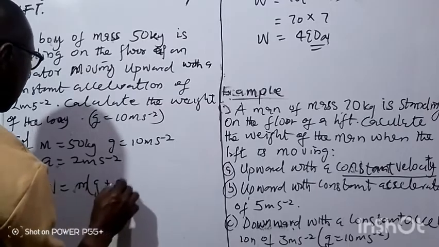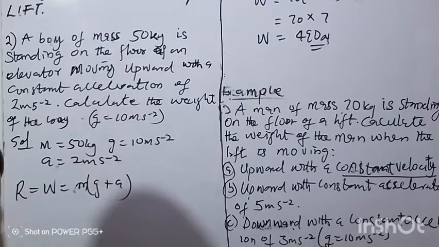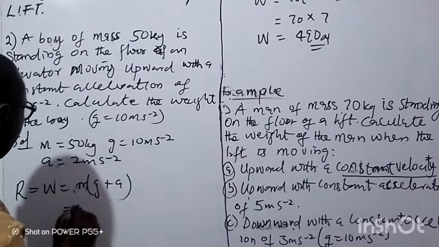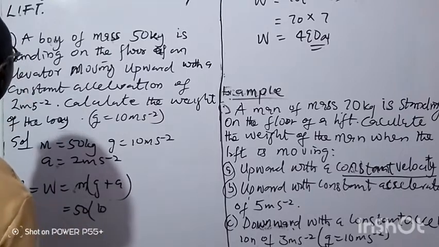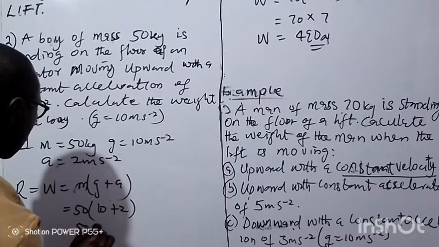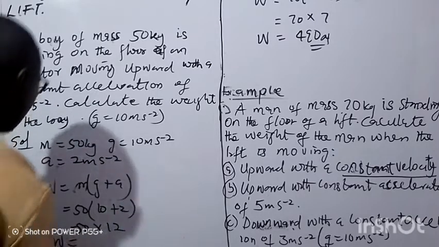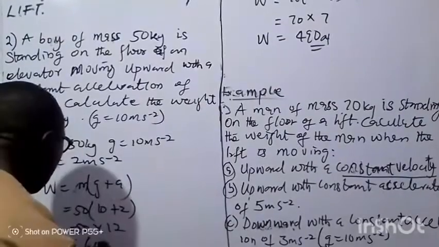That is our normal formula when it is moving upward. So m is given, that is 50 into 10, a is 2, that is plus 2. Then it will give us 50 multiplied by 12. So the weight of the boy inside the elevator moving upward will be equal to 600 Newton.